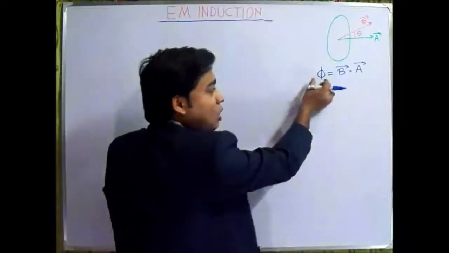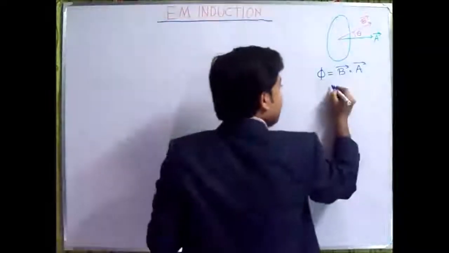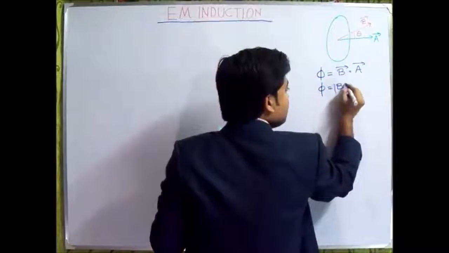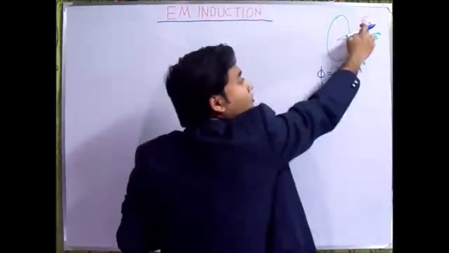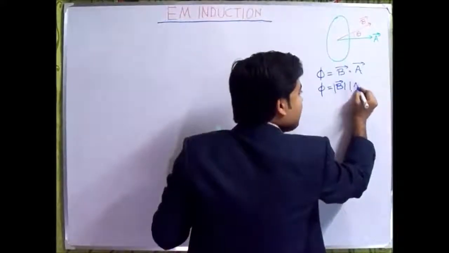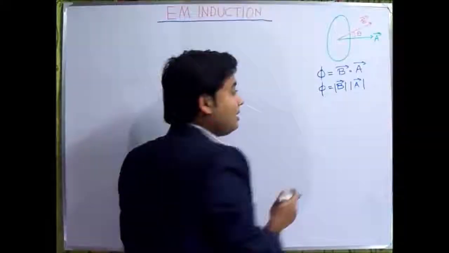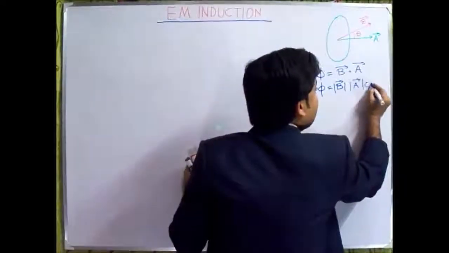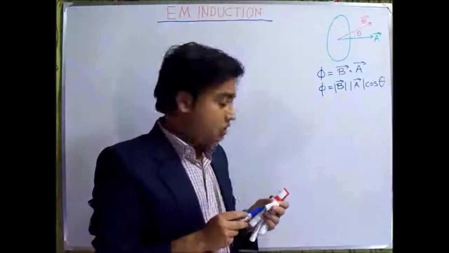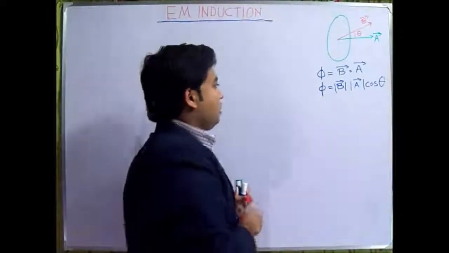So phi, your magnetic flux, will be a scalar quantity, and the formula will be the magnitude of B, the magnetic field, multiplied by the magnitude of the area, and multiplied by cos theta.